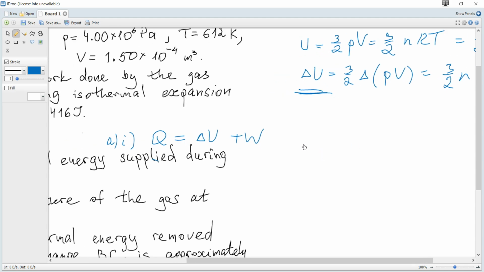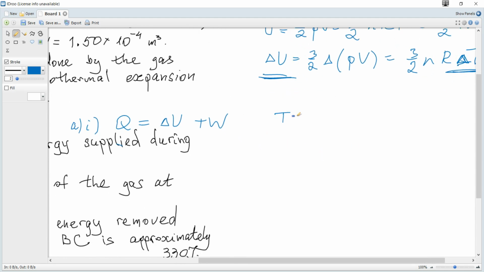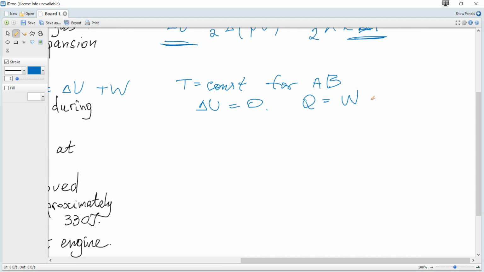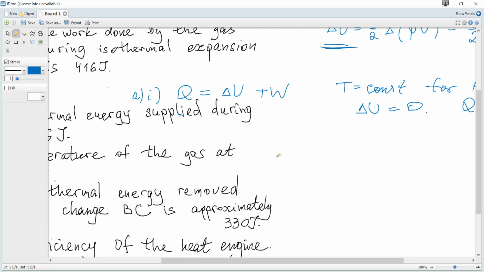Since it's isothermal, T is constant for the expansion process, which is AB, hence delta U is 0, so Q is W, the work done by the gas, and it's 416 joules as required.